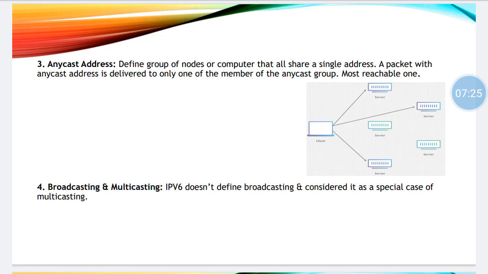So for example, sender A wants to send a packet to any of the 4 devices, and these 4 devices have the same anycast address. A packet sent to the anycast address is routed to the nearest device having that anycast address. I hope the point is clear.